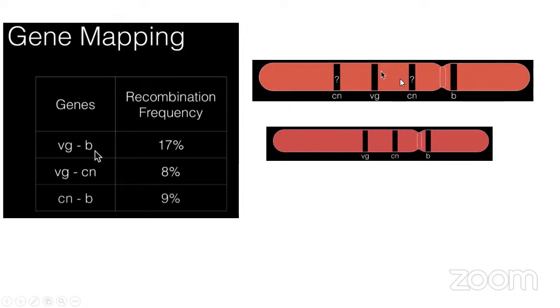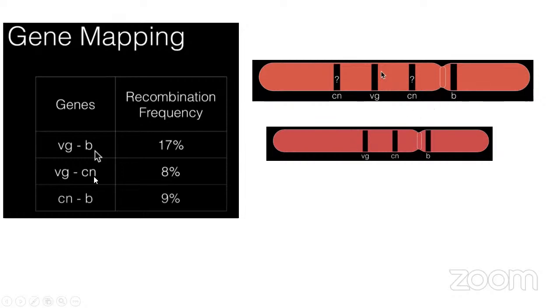We don't know where exactly, but we know that the distance between VG and B is 17% recombination frequency. So we map this as 17%, or the distance between the two is 17 centimorgan, or map distance, because we know there is a certain distance between gene VG and gene B.